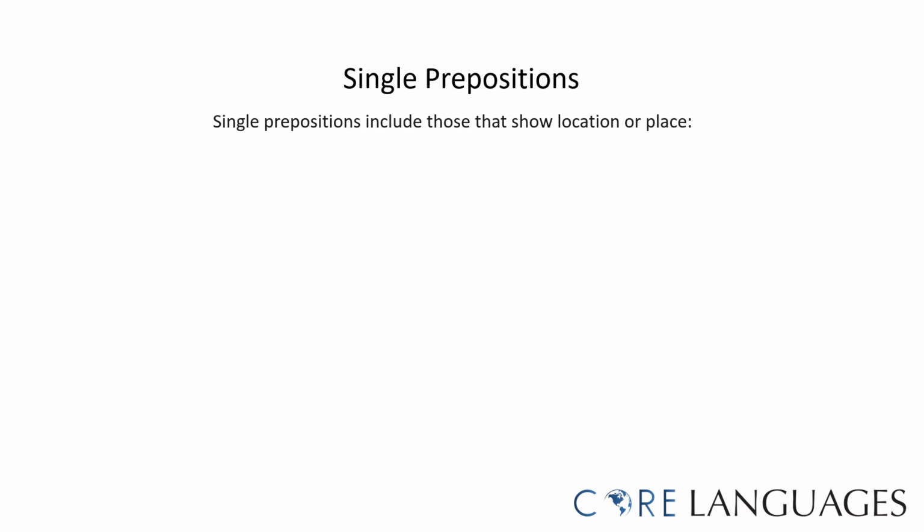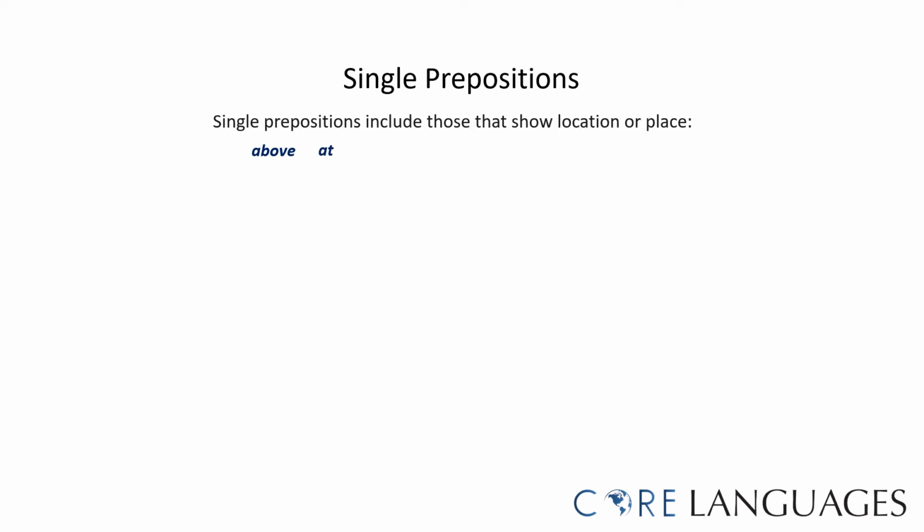When prepositions are used to express the relationship between two nouns or pronouns based on location or place, we call them prepositions of place. Single prepositions include those that show location or place. Here are some examples.